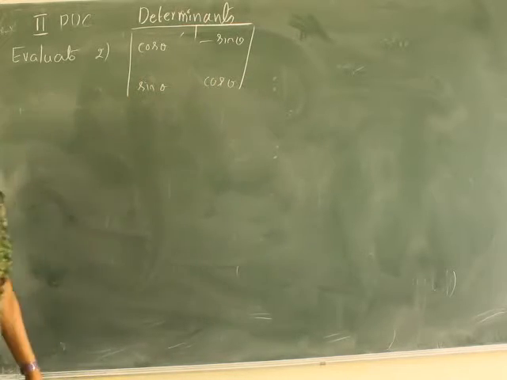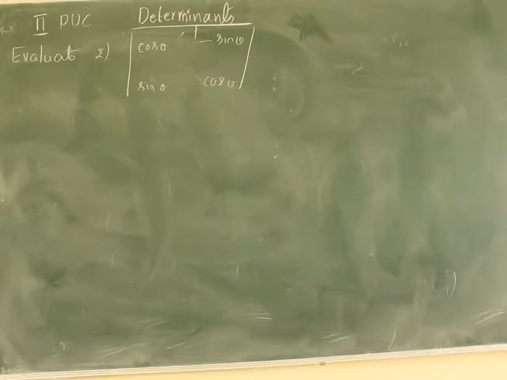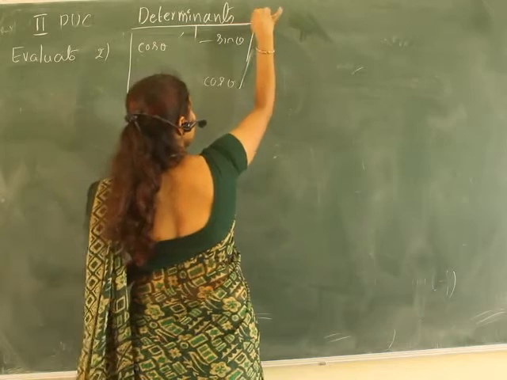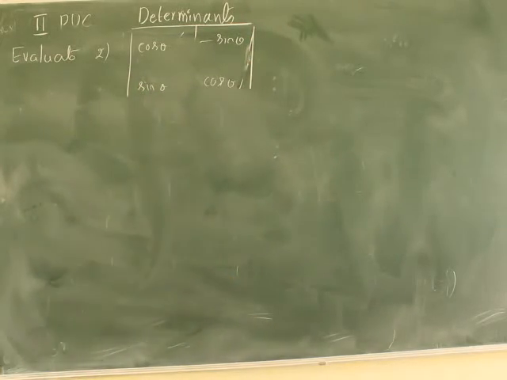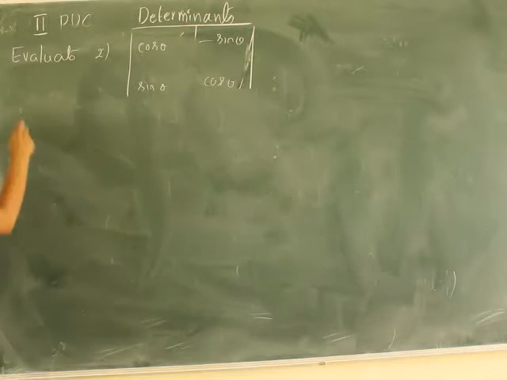So evaluate the determinant of this. The values of the elements are trigonometric functions. So how can we evaluate the determinant of A?